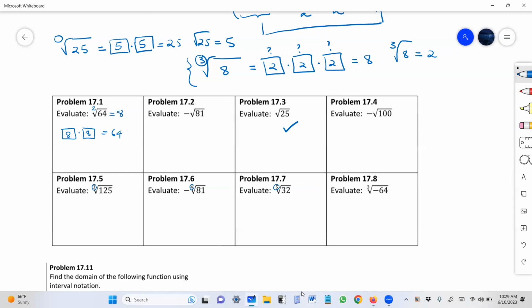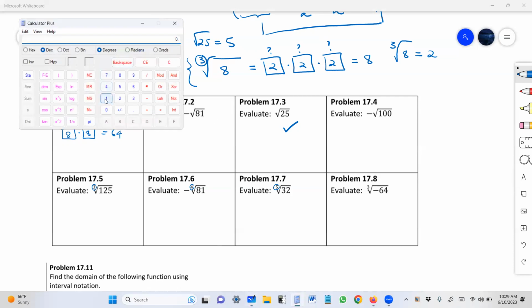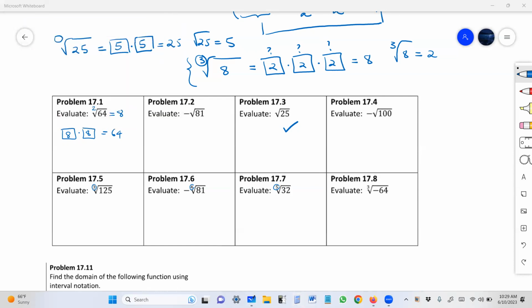Now, notice that 16 times 4 is also 64, but that doesn't work because the 2 numbers in the box have to be the same. So the answer to the square root of 64 is 8.